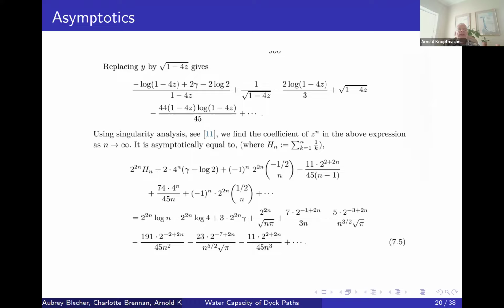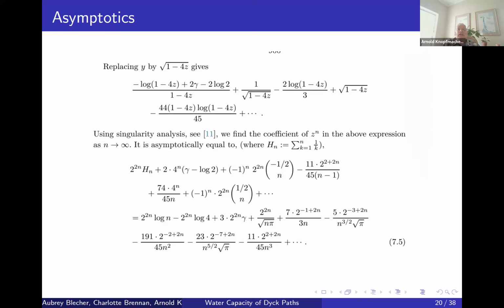We see that our very first term involves minus log 1 minus 4z with a denominator 1 minus 4z. And that is well known to be a generating function for the harmonic numbers, which I write as Hn, Hn standing for the sum of 1 over k, k from 1 up to n.